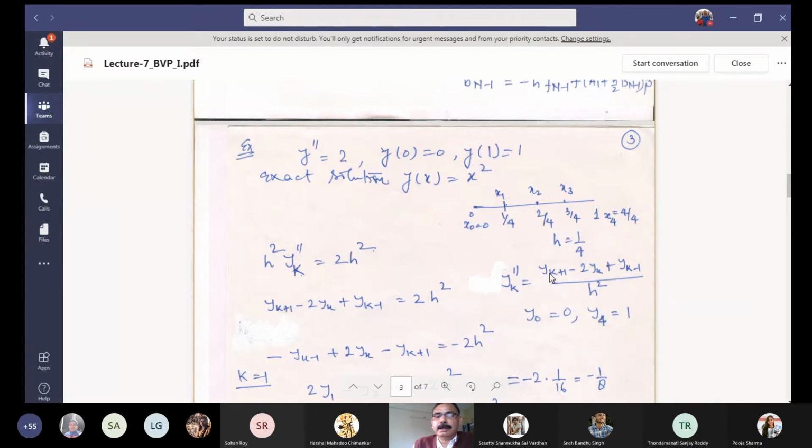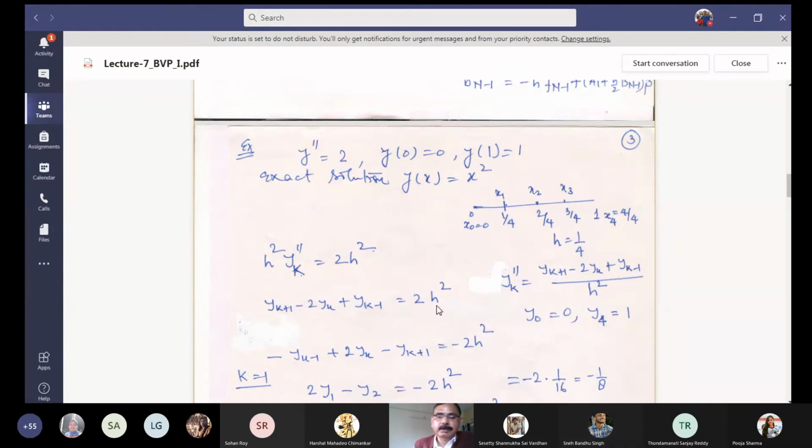So h square into yk double prime can be written as yk plus 1 minus 2yk plus yk minus 1. So what you get is yk plus 1 minus 2yk plus yk minus 1 equal to 2h square. Is that right? Yes, sir.